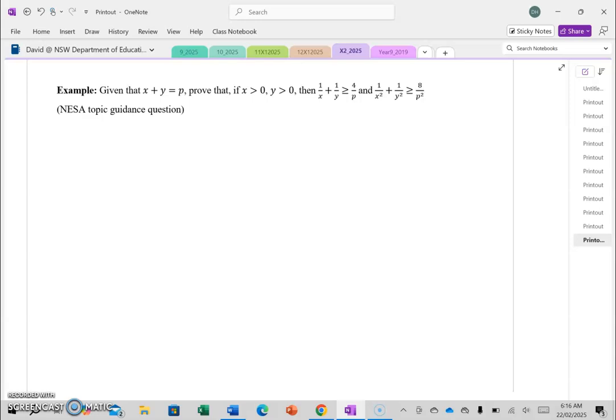Given that x plus y is p, prove that if x is greater than 0, y is greater than 0, then that. One question to raise is, can we use AM-GM without proving it? And I would say don't do that.